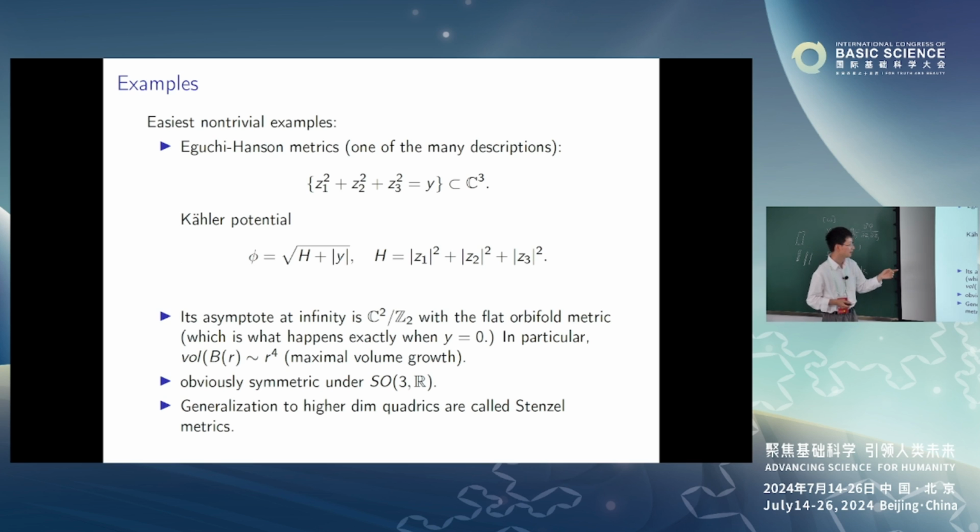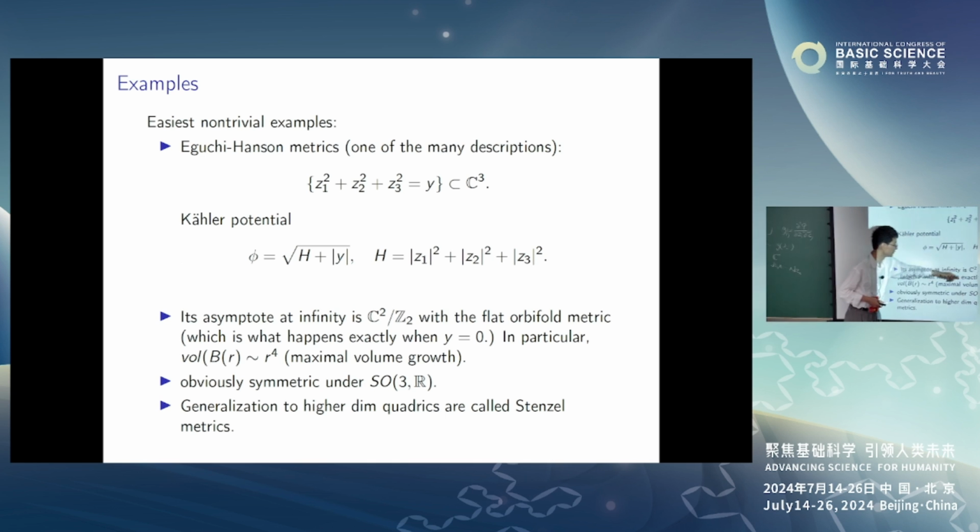For general Y, when you are going to infinity, the fact that you turn on this finite value of Y doesn't make much difference. So the asymptotic behavior at infinity is just modeled by C2 over Z2.